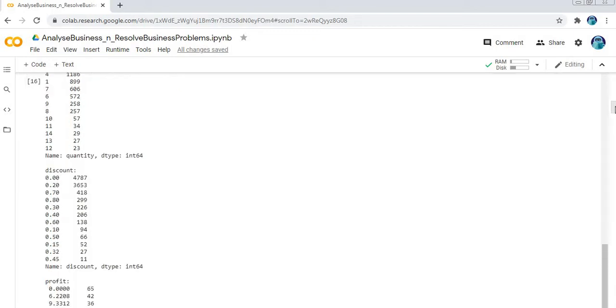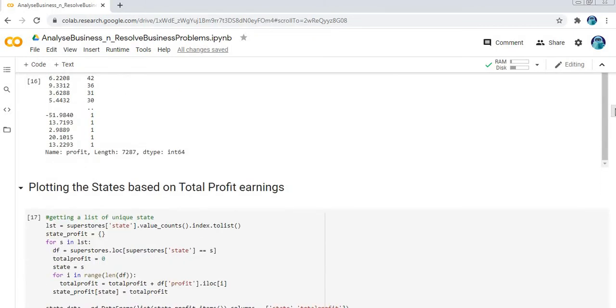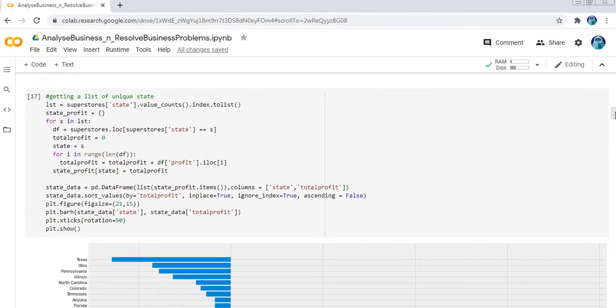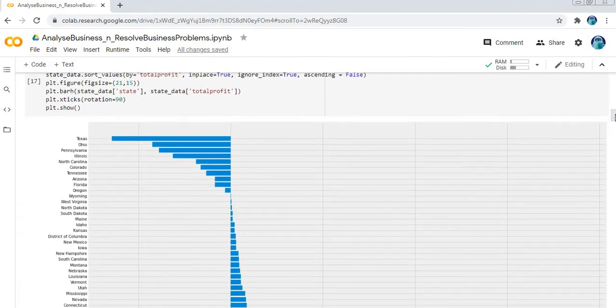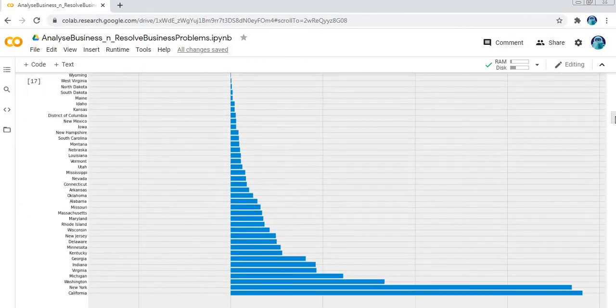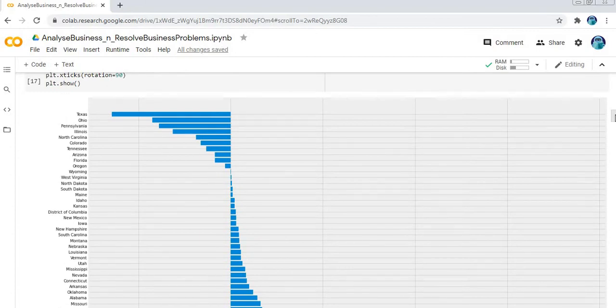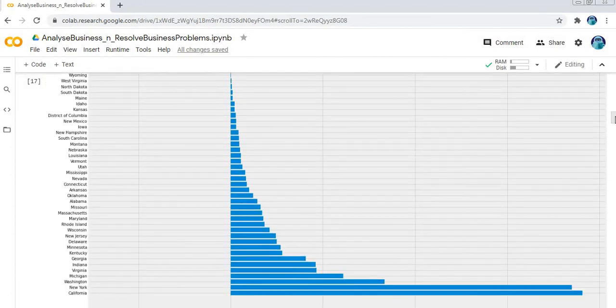Let's move forward. Now we'll be plotting the states based on the total profit earned. We are preparing the data set, and this is a plot of the total earning of each state.